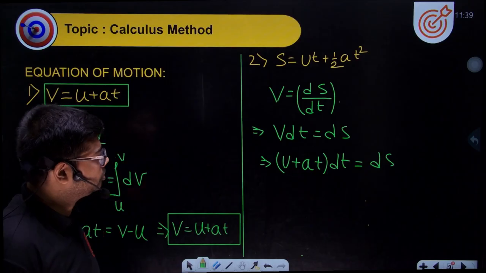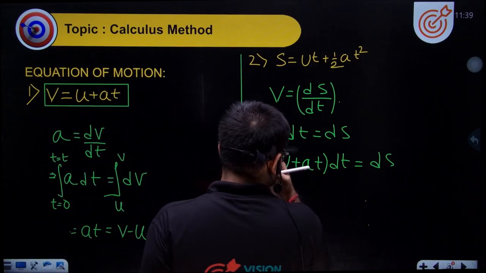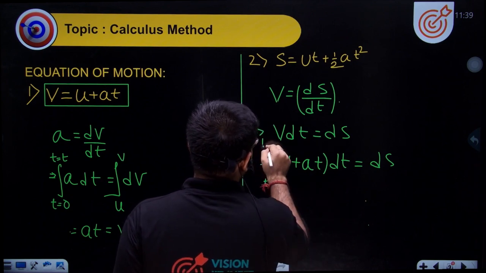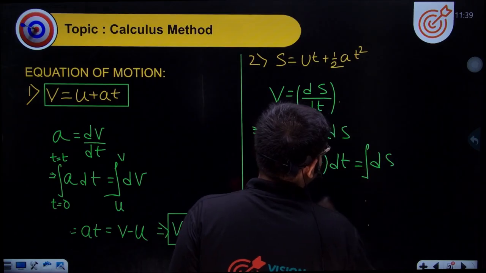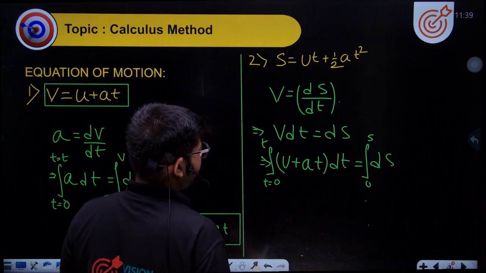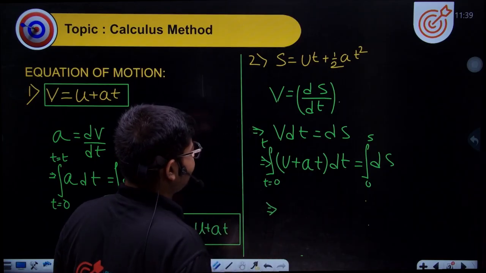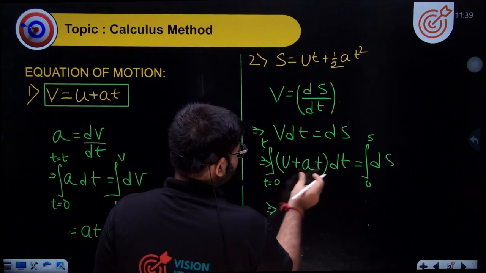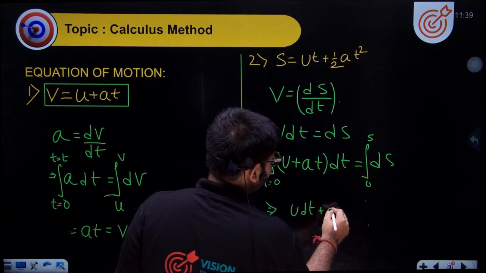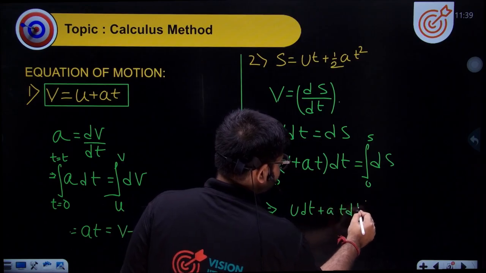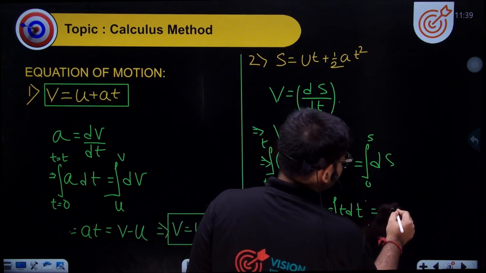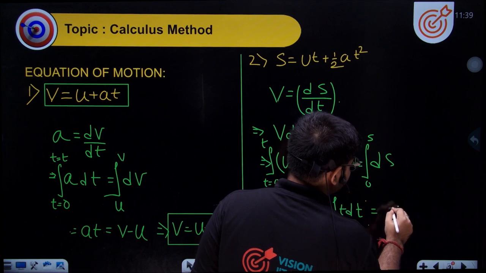This I can write. Now you integrate from time t equal to 0 to t equal to t, and you integrate this from s equal to 0 to s. So what you are ultimately getting is u dt plus a t dt, is equal to, here integration is only going to give you s.